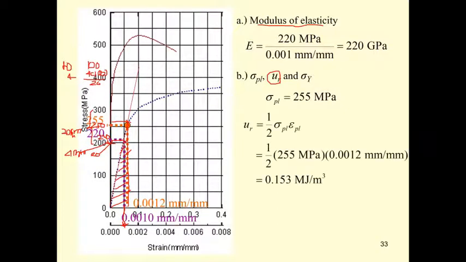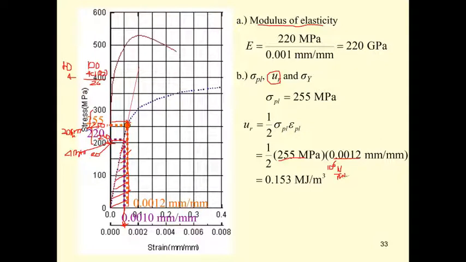So it's going to be 1/2 of 255 times 0.0012, and you get 0.153 megajoule per cubic meter. Let me clean up the unit of this. For the megapascal, it's going to be 10 power 6 Newton per square meter.